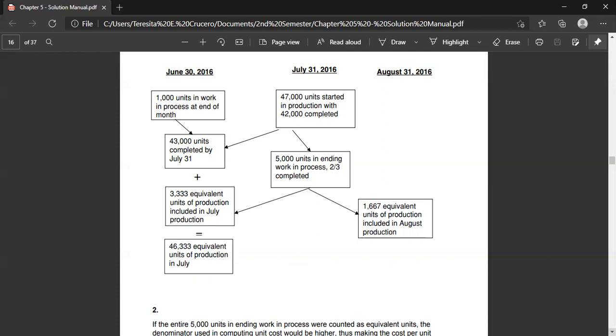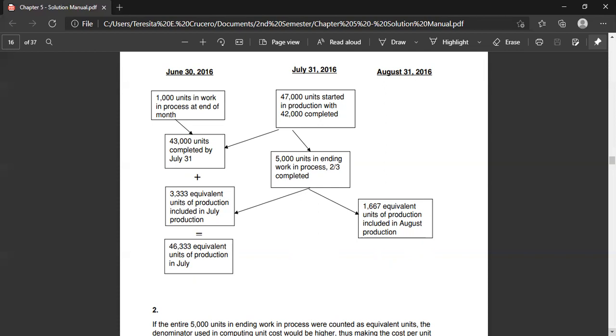So we have 48,000: 1,000 plus 47,000 equals 48,000. The number of units completed is 43,000, with 42,000 coming from the July started units plus 1,000 coming from that of June 30. So we have now the 5,000 units in ending work in process, two-thirds completed.